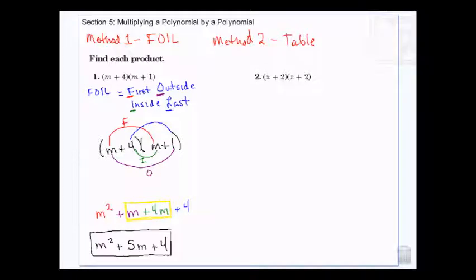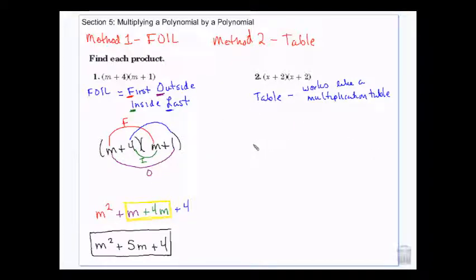Next, okay? So the table method works like a multiplication table. And you guys all remember those where you take the one thing at the top and the thing down the side, and then you go meet in the middle and you find out what the multiplication was? This works the same way.